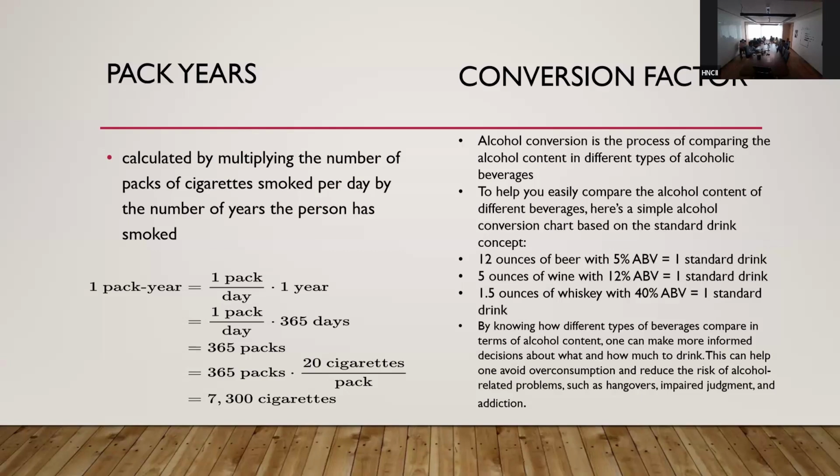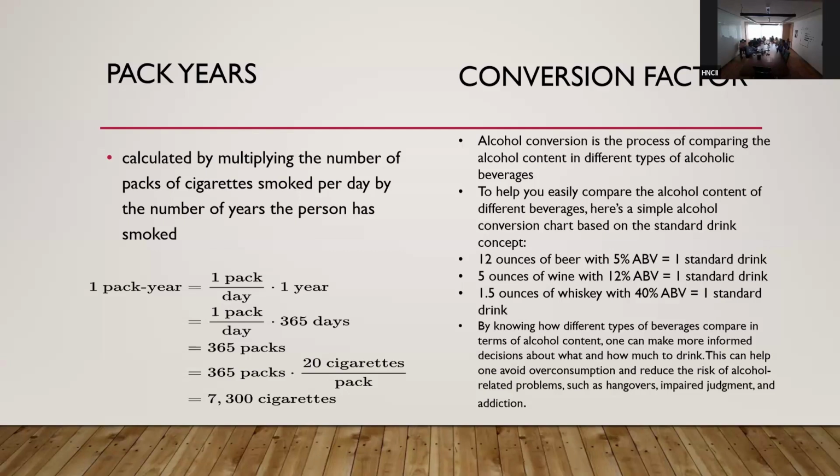To help you easily compare the alcohol content, we generally say that 12 ounces of beer, which has 5% alcohol by volume, is considered one standard drink. If you compare with wine and whiskey, wine has 12% alcohol by volume, while whiskey has 40% alcohol by volume.